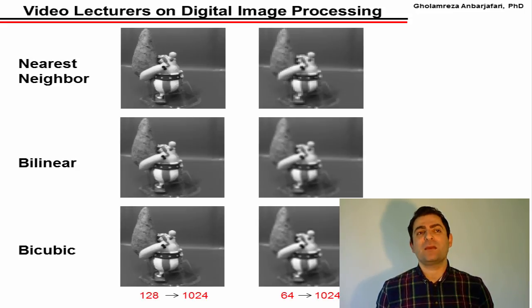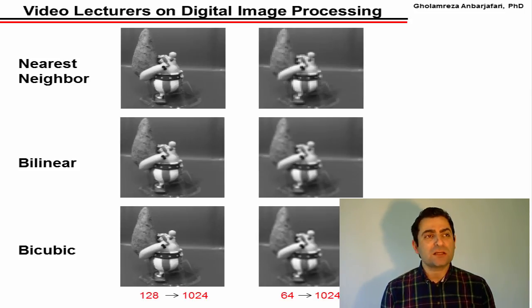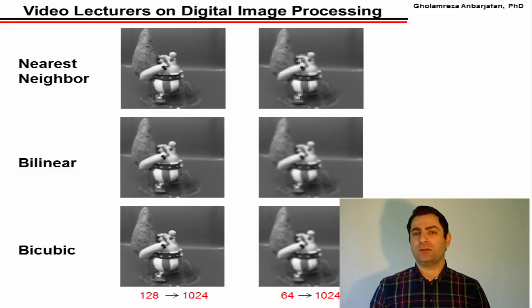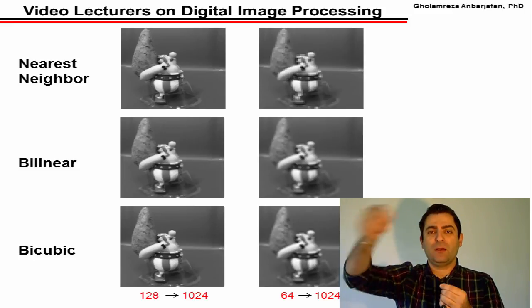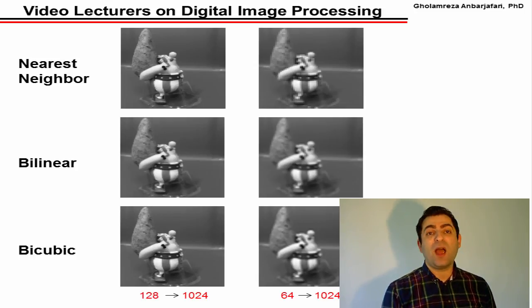This technique, as I referred before, is good for images which have lots of rectangles in them. But it is the fastest method ever, because you don't need any calculation. What is your neighbor? Put it in. The second technique was bilinear interpolation.